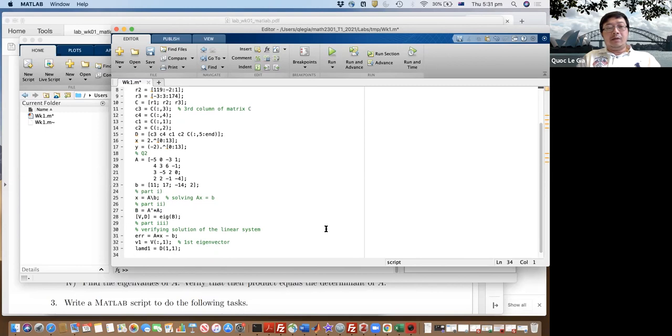Remember the eigenvectors are from the matrix A, so we have to take A times V1 minus lambda 1 times V1. And maybe we call this error 1.